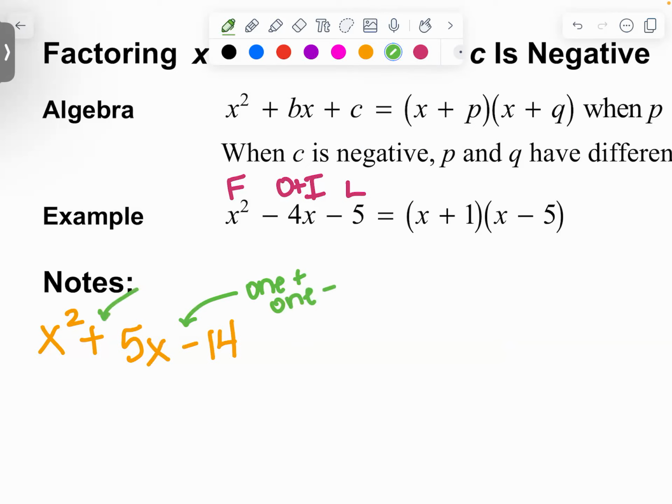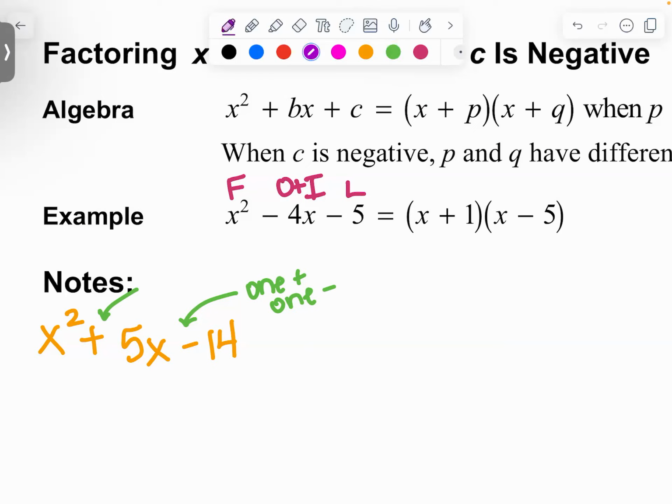What is this going to tell us? Nanny? The large number's going to be positive. Of the two numbers that multiply to negative 14, the bigger absolute value needs to be the positive.